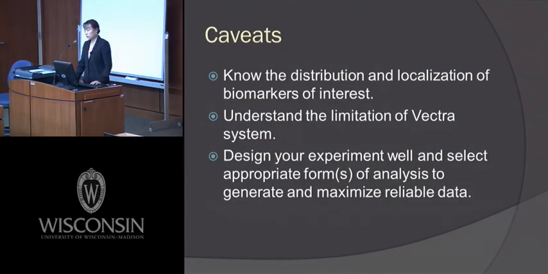However, there are always caveats. You have to know the distribution and the localization of the biomarker of interest, understand the limitations of the Vectra system, design your experiment well, and select appropriate forms of analysis to generate and maximize reliable data.